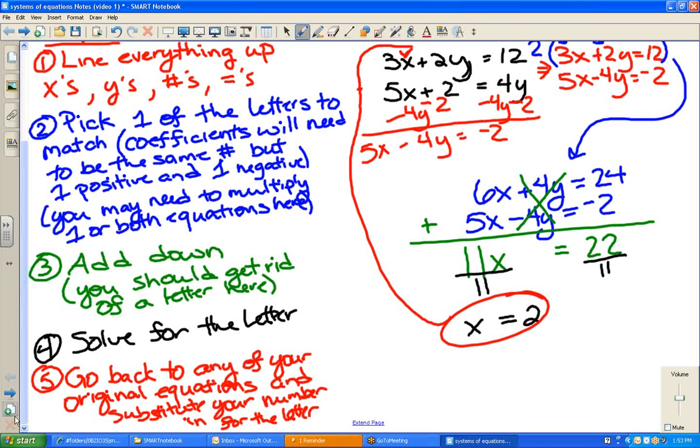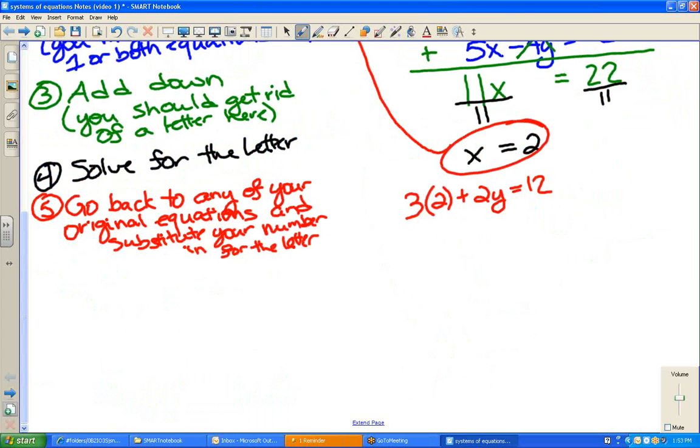So now plugging in for the x, I'm going to have 3, instead of an x, I'm going to put a 2 in. I always like parentheses when I'm substituting. Plus 2y equals 12.